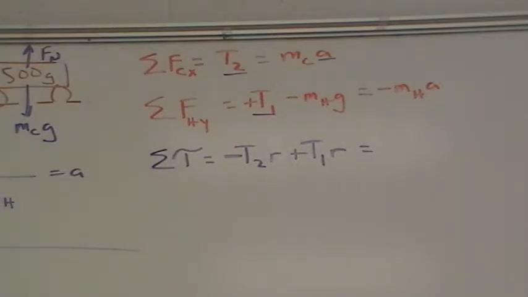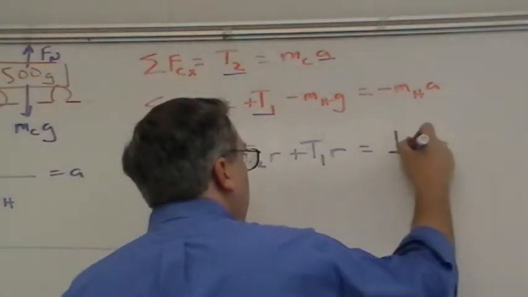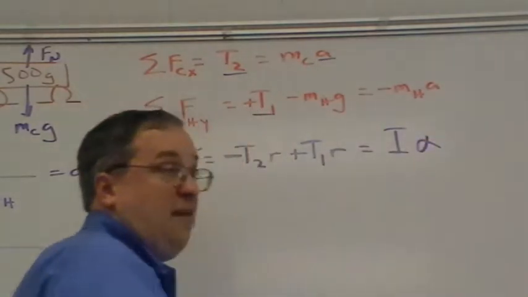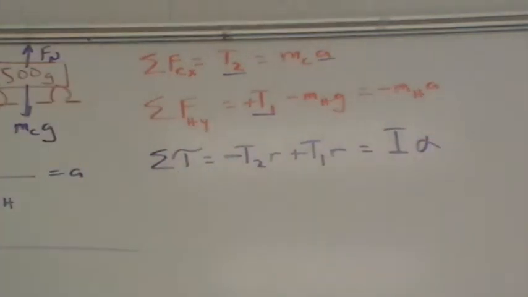Anytime you sum torques, what is equal? I alpha. The sum of the torques equals I alpha. Always. Now, sometimes alpha will equal 0 if something's not moving. But here it's moving. So the sum of the torques equals I alpha. Henry, you with me, buddy? Okay.